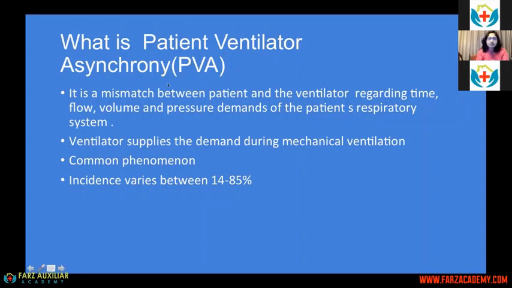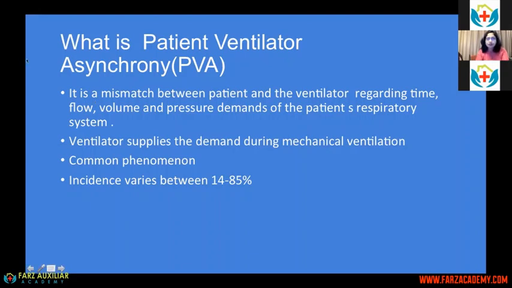Now, what is this asynchrony? It is a mismatch, an incoordination between two parties, that is, the patient and the ventilator. This affects the various aspects of mechanical ventilation, which are the time, the flow of gas which is set on the ventilator, or the flow of air which is being generated by the patient during inspiration or expiration.